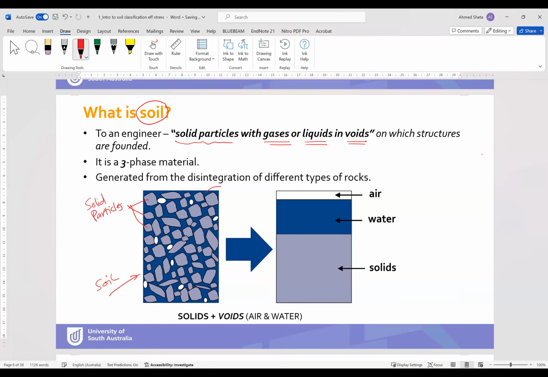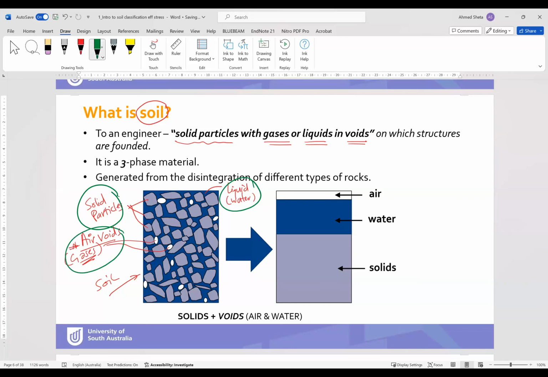And we have this blue, which is liquid and mainly water. And we also have some white holes which indicate air voids. Or we can generally put it as gases, because the air contains gases. So generally this is the definition of the soil: solid particles associated with water and air.